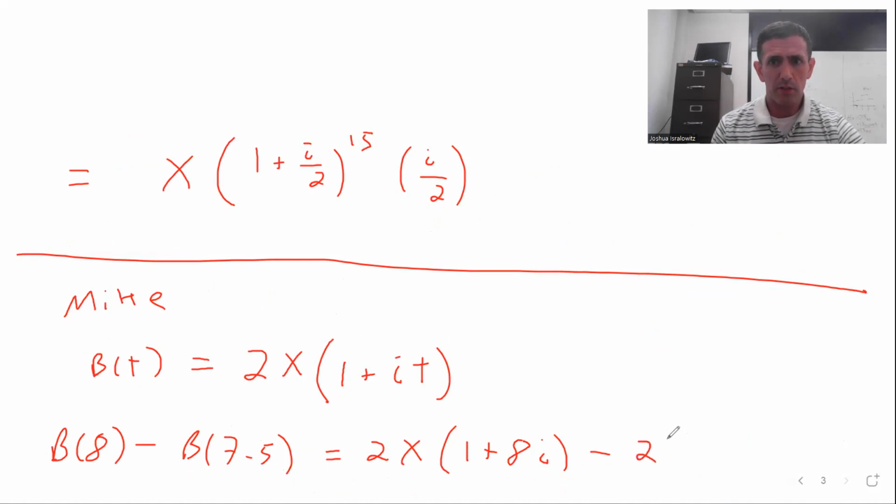minus 2x. And just like before, we're not going to factor, but we're going to simplify. All right, so I just distribute. You can see the 2x's are going to cancel, and we're just going to be left with xi. In particular, let me just distribute.